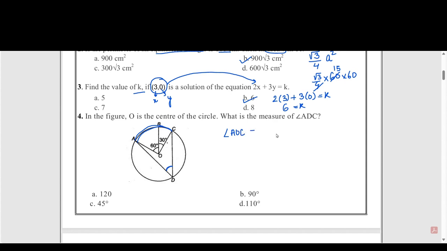So angle AOC is 60 plus 30, that is 90 degree, and angle ADC is half of the angle subtended at the center. So this will give you 45 degree.